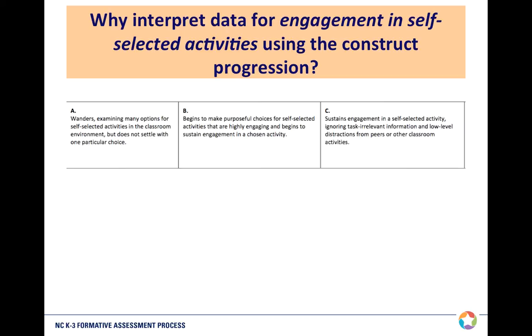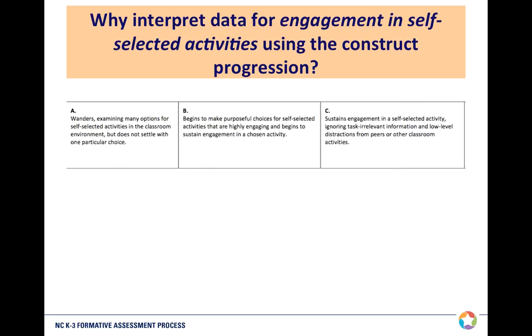Here's an example of that progression. These are things you probably know about your students already from watching them as they are engaging in their learning activities. You may have students who, when you assign an activity, are wandering around the room.